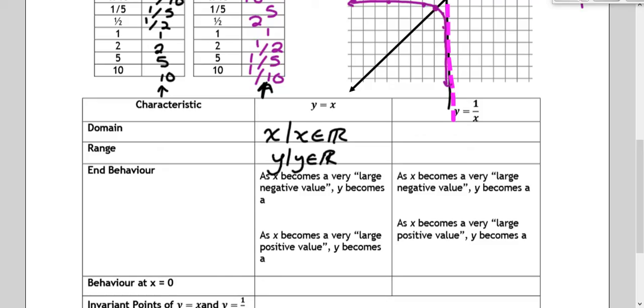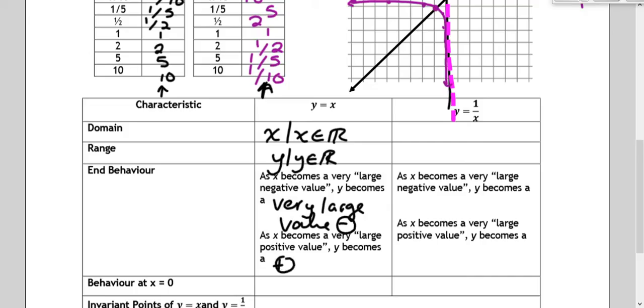So as x becomes a very large negative value, what happens to y here? Does it also stay the same? Does it also become a very negative value? And as x becomes a very large positive value, y becomes a very large positive value.